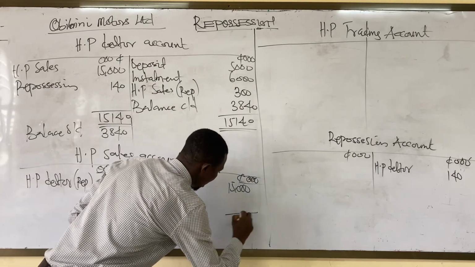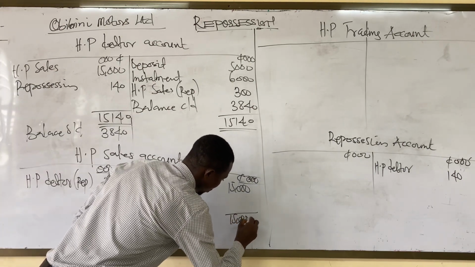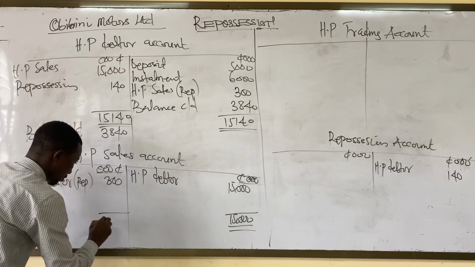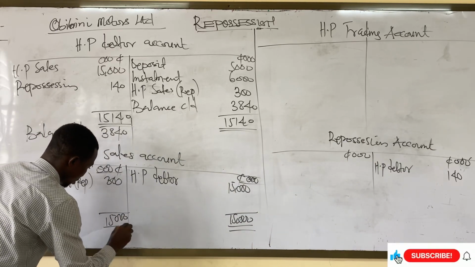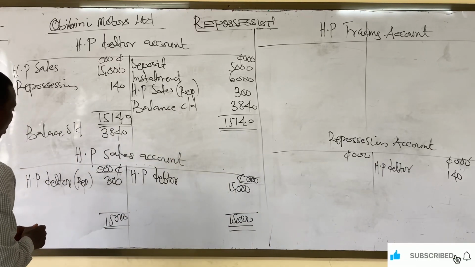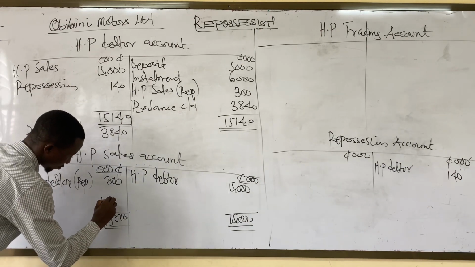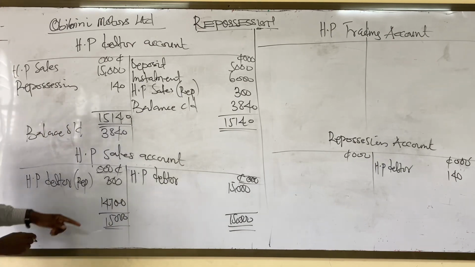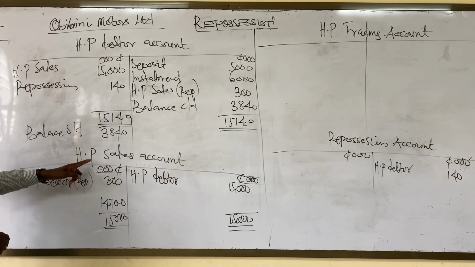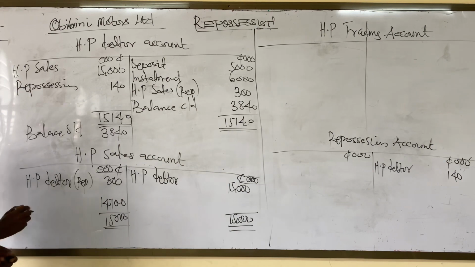The credit side is bigger, 15,000. So that we can have the difference to be 14,700. And this 14,700, as the sales balance, will be transferred to the high purchase trading.